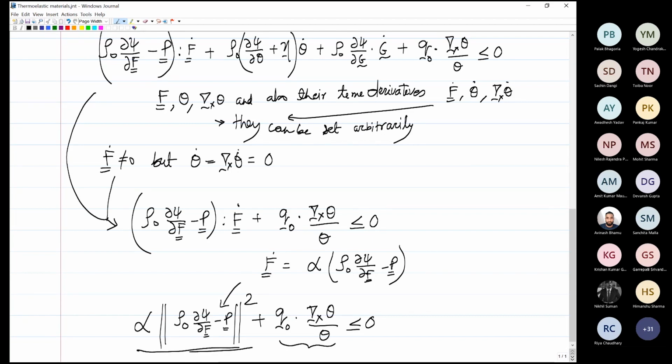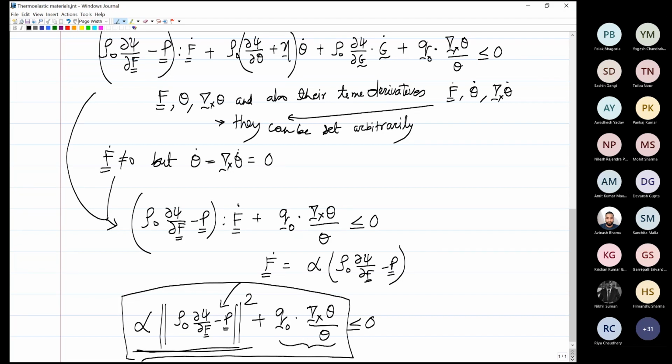But over here, you can choose alpha, for example, to be a very large positive number, so that this whole thing on the left hand side becomes more than 0, right? We don't know what q naught dot grad theta by theta is.